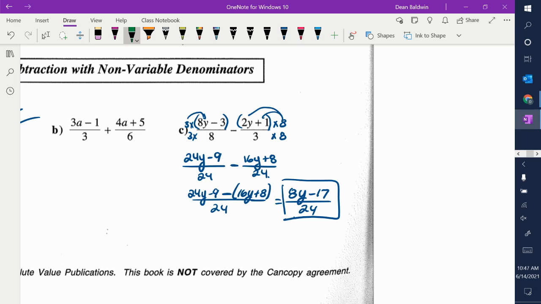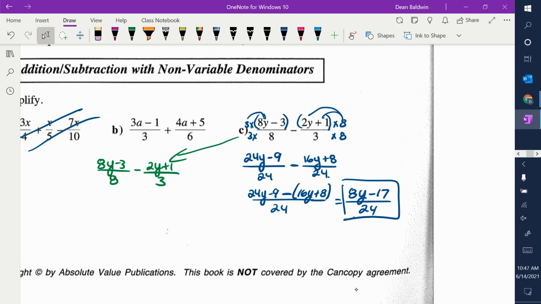If you were going to do the shortcut, I won't even call it a shortcut, sorry, the quick and dirty method, whatever you want to call it, you can essentially just multiply the 3 up, multiply the 8 up, and put it all over 8 times 3, which is 24.